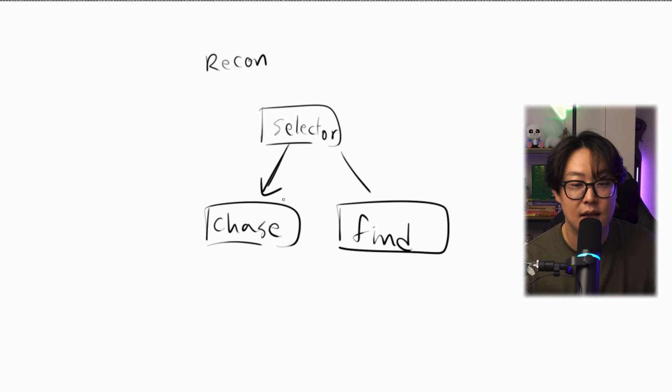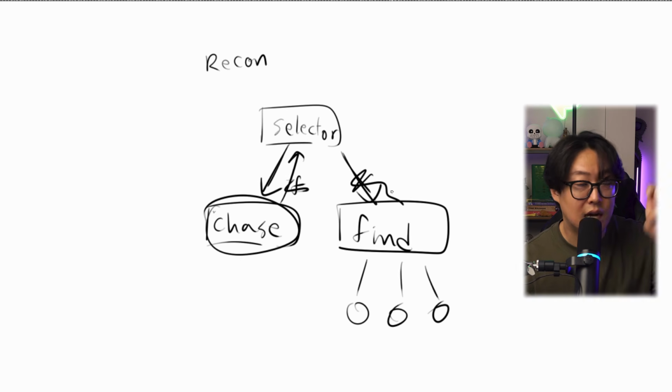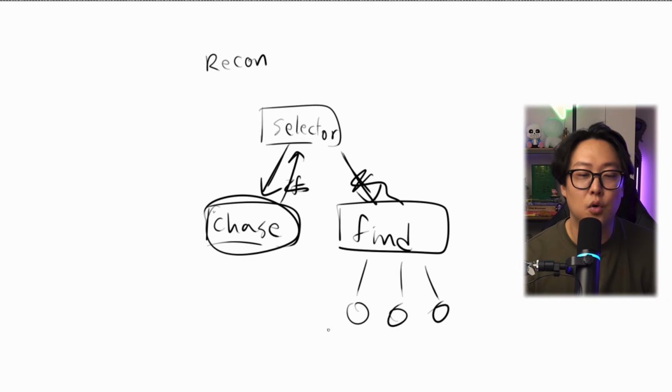So it's going to say fail. So if it fails, we're going to go to find, where it's going to do the finding action, whatever that may be, right? And eventually you loop enough and the find becomes successful, you're going to come to the chase, and instead of trying to find another target, it's going to just chase and be done with it for the recon action. So this is a useful fallback mechanism that is the selector.